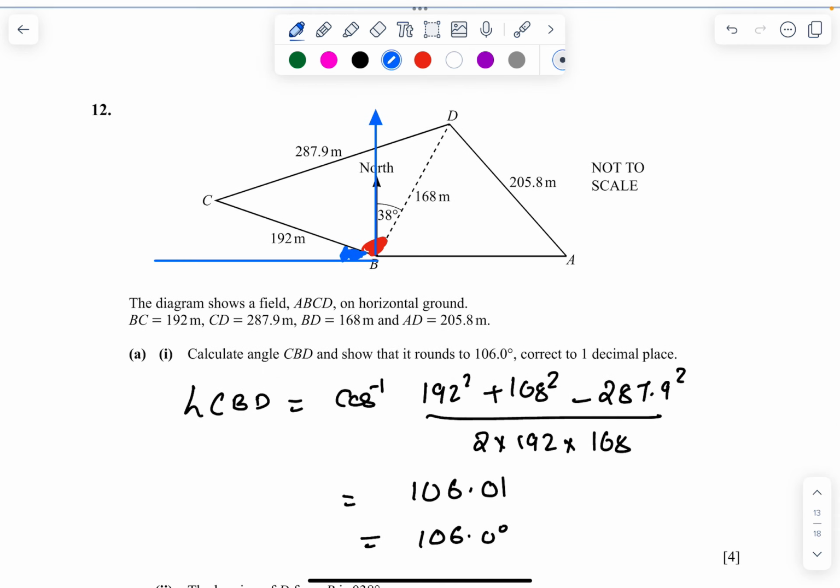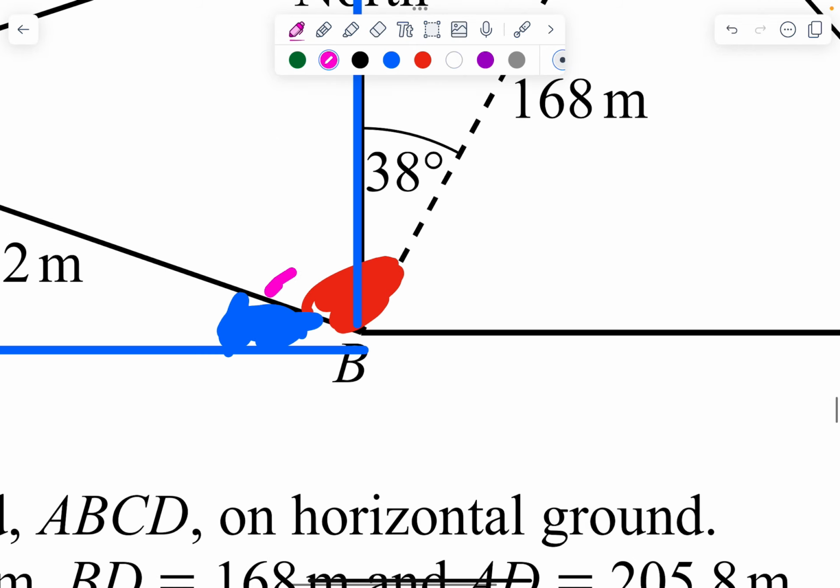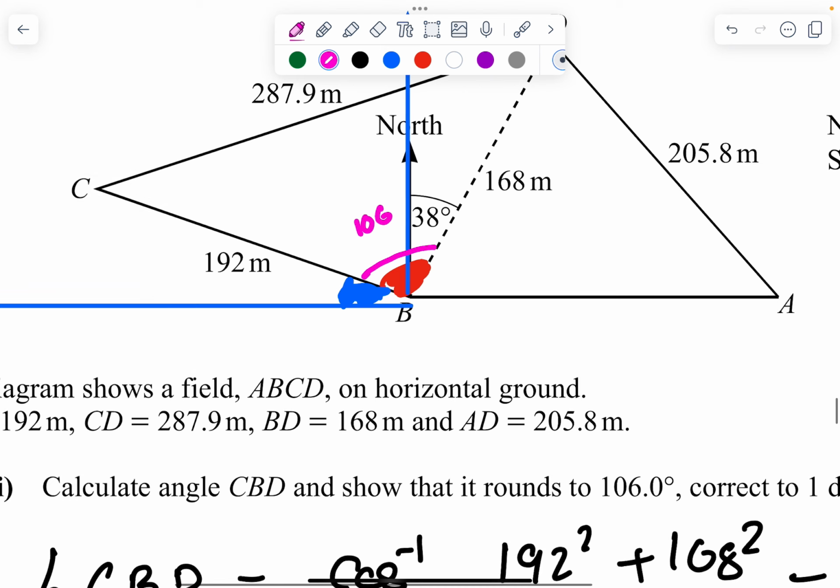So just now we got this entire angle as 106. So the remaining angle, this particular angle, will be 106 minus 38, which is 68.